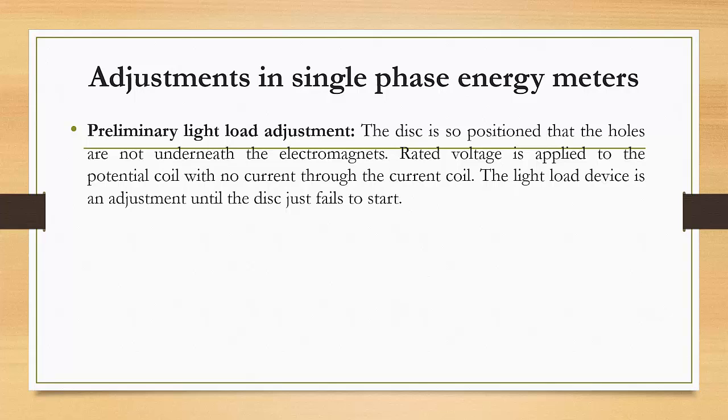So when the rated voltage is applied to the potential coil, we will not apply any current through the current coil. This is just an adjustment for when the disc fails to start rotation immediately.